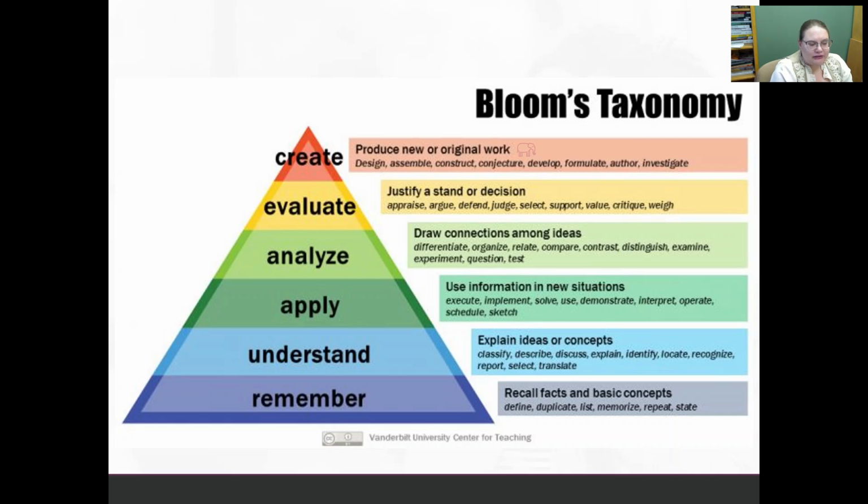You might be thinking to yourself, well, wouldn't that be creating something because you're producing something new or original work? The thing about science experiments in particular is that it's very formulaic. What I mean by that is the idea that we should come to the same conclusion no matter if I'm in a 9 o'clock class, a 10 o'clock class, an 11 o'clock class. It should be consistent across the time.